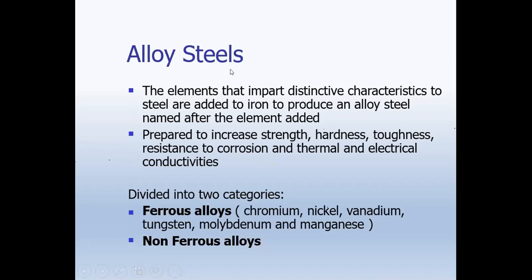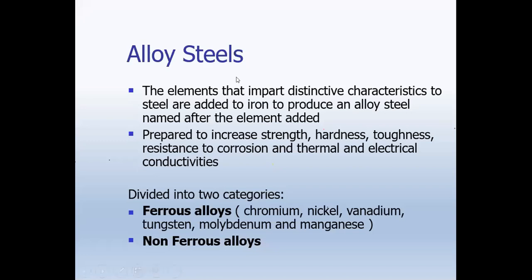Are you okay on that definition, all of you? May you repeat, sir? Yes, I'm saying that an alloy steel is the type of steel in which the normal mild steel has been added with other elements for the purpose of improving its mechanical properties.